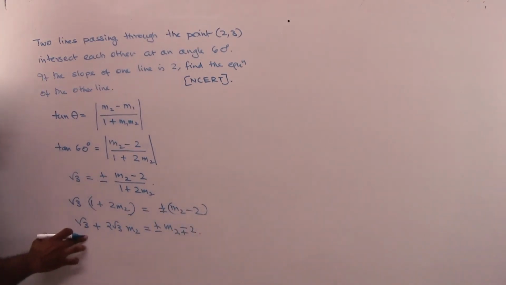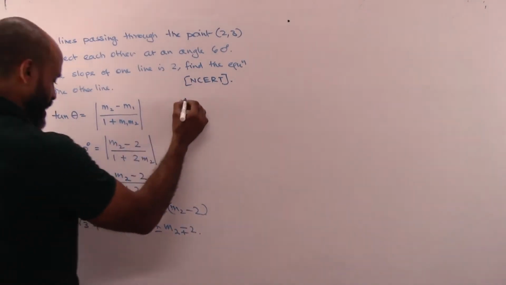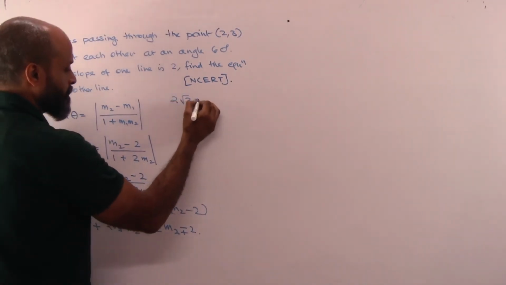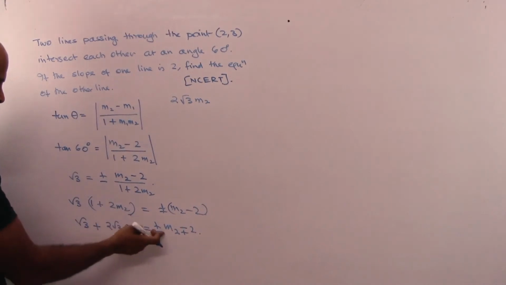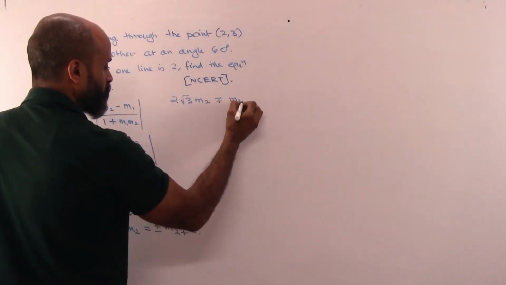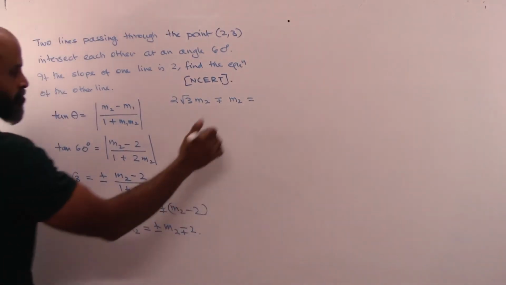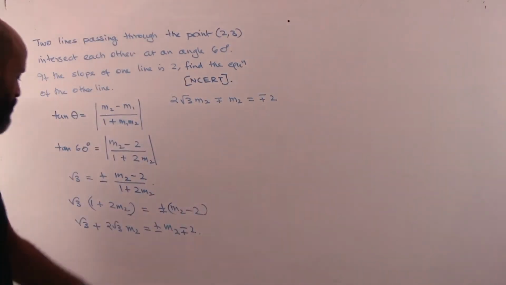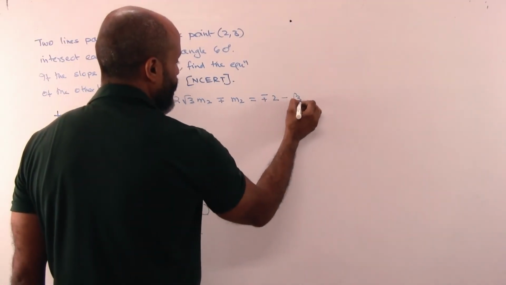Okay, so here we have, if we take the m2 values on one side, so this will be 2 under root 3 m2. If we take it here, so this will be minus plus m2 is equal to minus plus 2 minus under root 3 minus under root 3.